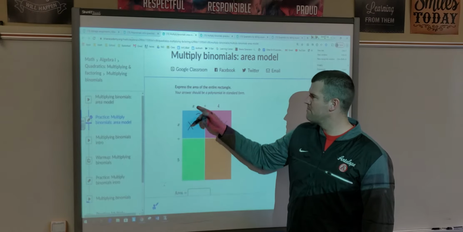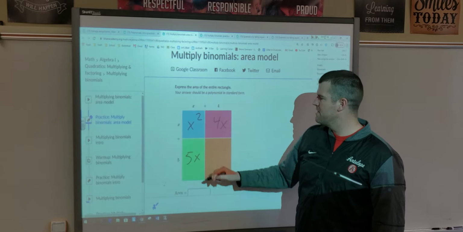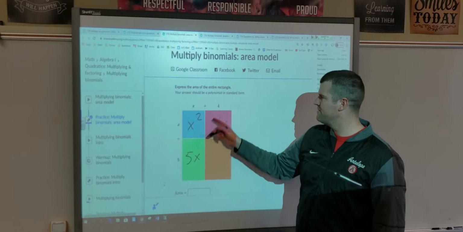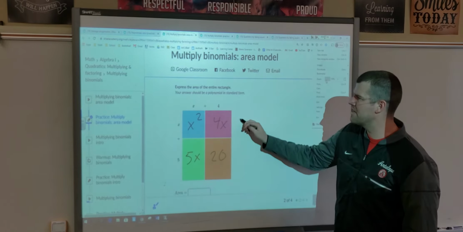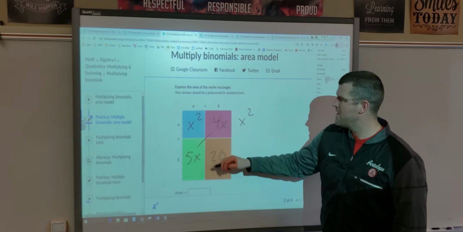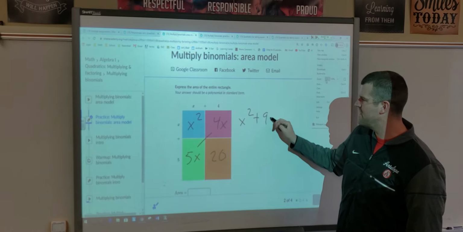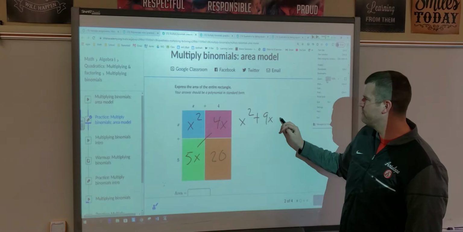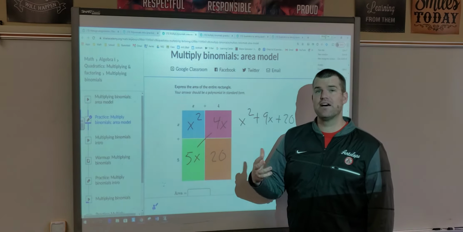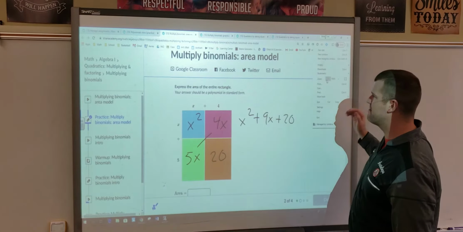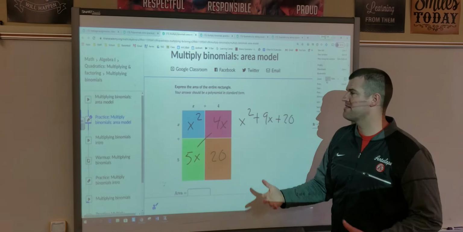This one is 5 times x, which is 5x. And then finally, my last box is 5 times 4, which is 20. So if I combine like terms, I get x squared, add those together to get positive 9x, and then we have plus 20. That is the area of your box, also known as what you get if you multiply the 2 polynomials together.